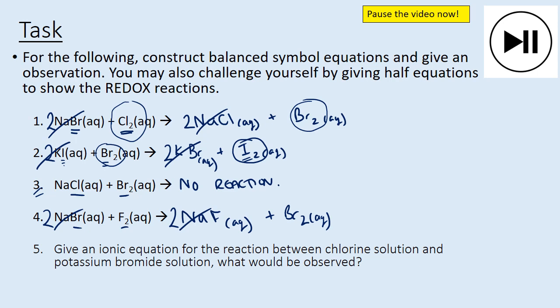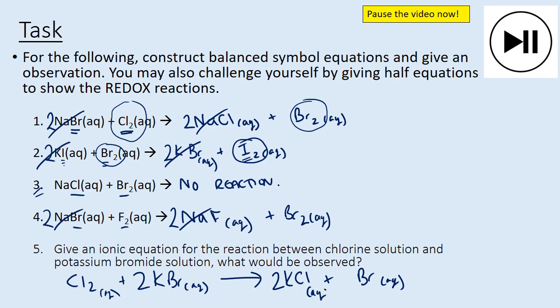And in terms of your ionic equations, for the last one, give an ionic equation for the reaction between chlorine solution, so chlorine with potassium bromide, and it's aqueous. Is there a reaction? Yes, there is. So let's do the full equation first. We'll have 2KCl, balanced, plus Br2, aqueous. Now, if you recall your rules for aqueous solutions, if it's an ionic substance such as KCl and KBr, we would draw the ions out.